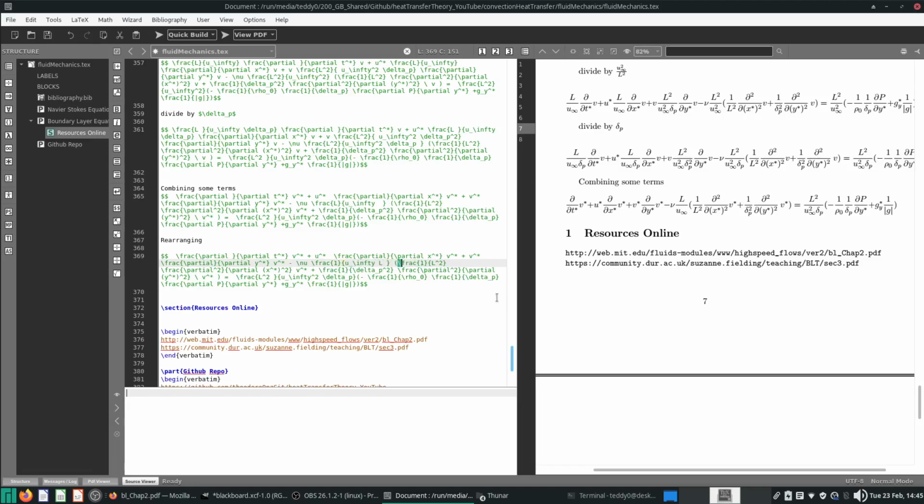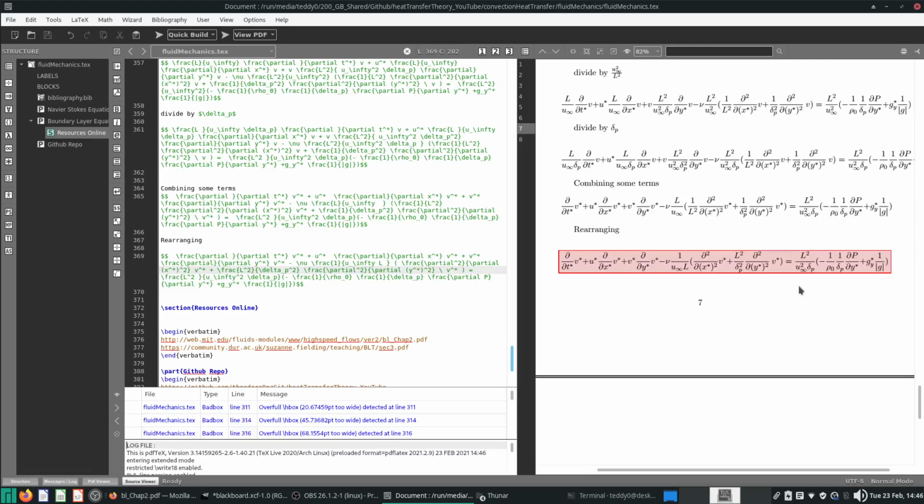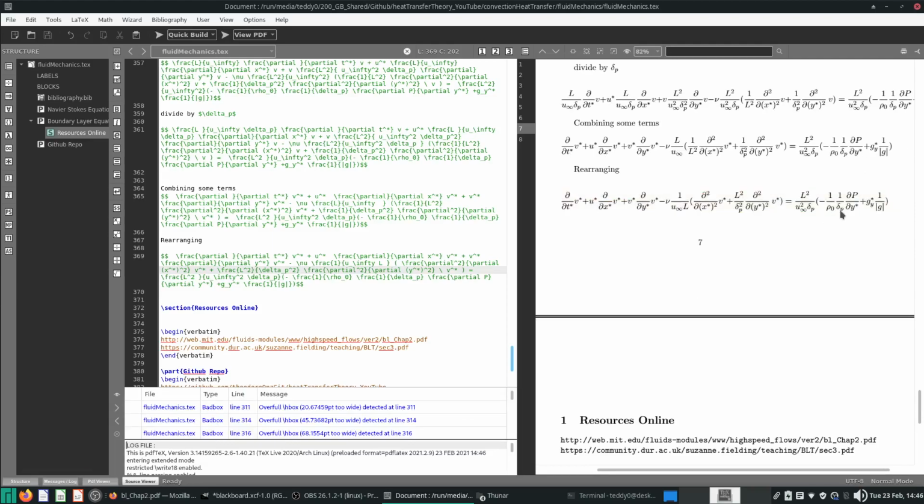And we'll again have our L squared over delta P squared. Here we almost have something that looks like a Reynolds number, but it's not really quite there yet. So let's bring this out.